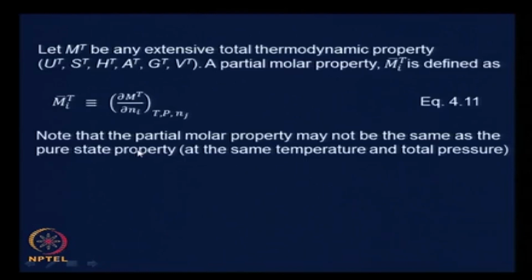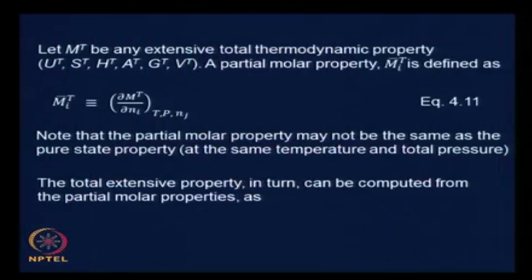As we said earlier, the partial molar property may not be the same as the pure state property at the same temperature and total pressure. That is the reason for defining something different as the partial molar property. It is the property that the component seems to exhibit when it is present in solution. In other words, it is some sort of a hypothetical measure. Why are we using this measure? It gives us an easy means of estimating the total property.